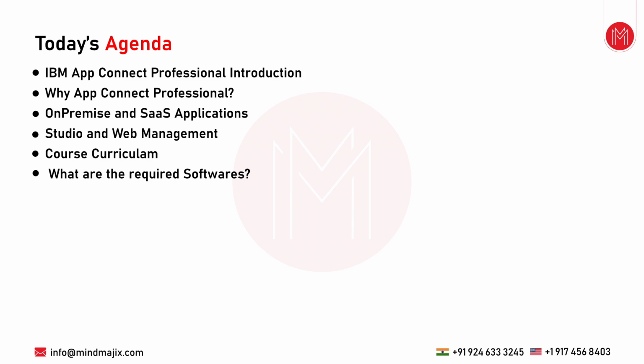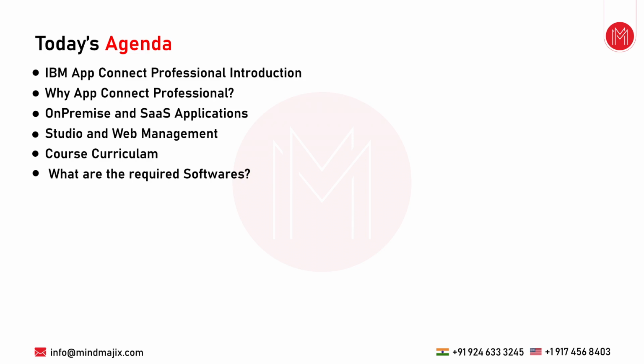And also we are going to discuss why we have to choose App Connect Professional only. In the market there are some other middleware tools also, right? So why should we choose App Connect Professional? We are also going to discuss on-premise applications and software as a service applications, also called cloud applications.